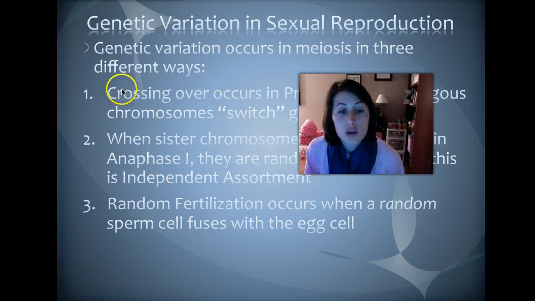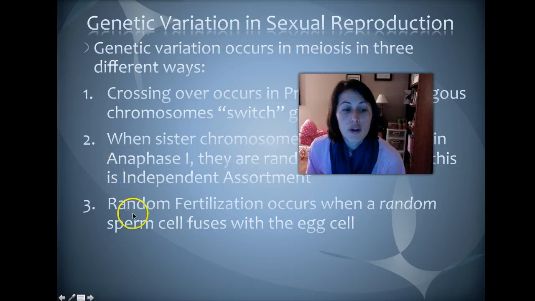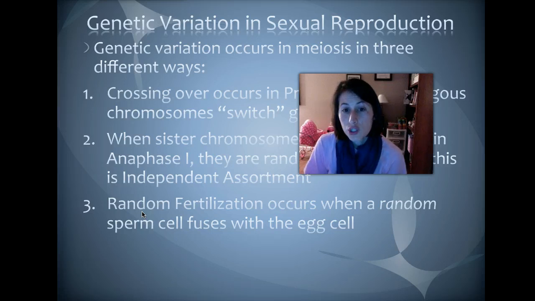When sister chromosomes are pulled apart in anaphase 1, they're randomly distributed. It's called independent assortment. And then random fertilization. Whichever sperm gets to that egg cell first is going to be the one that fertilizes it. So we don't typically choose which one is going to fertilize.